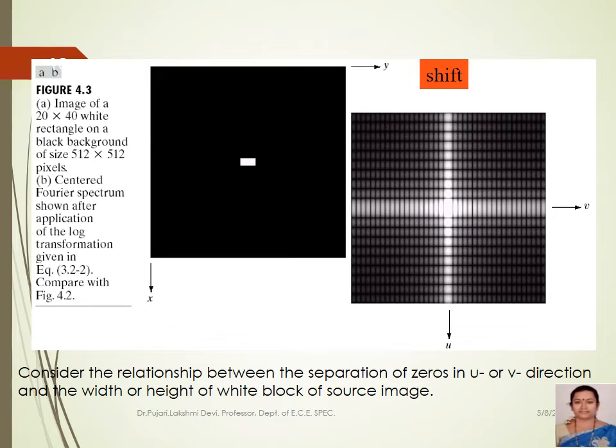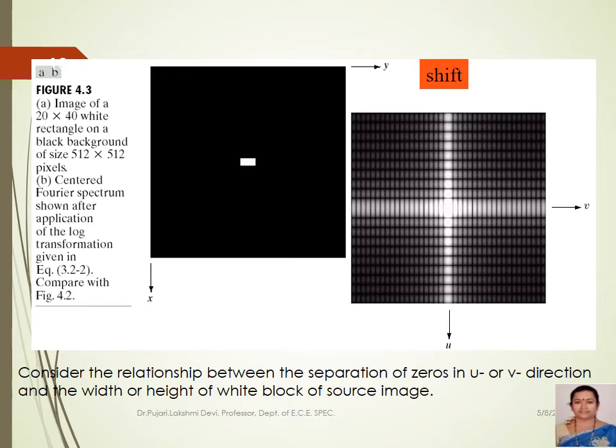The same we can observe from the center to any of the four corners. In all the cases the intensity goes on reducing like this. So in all directions from the center, the brightness is reducing.